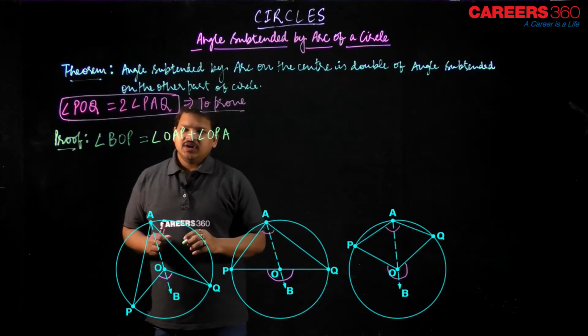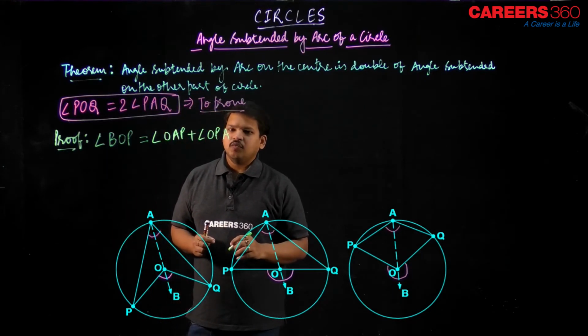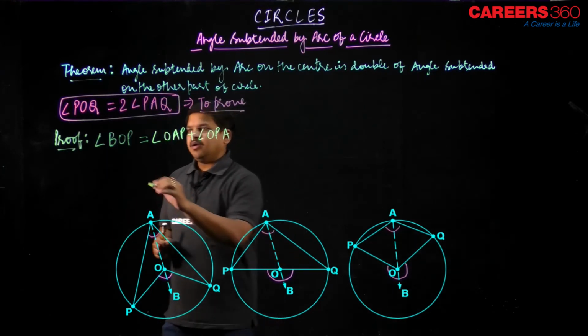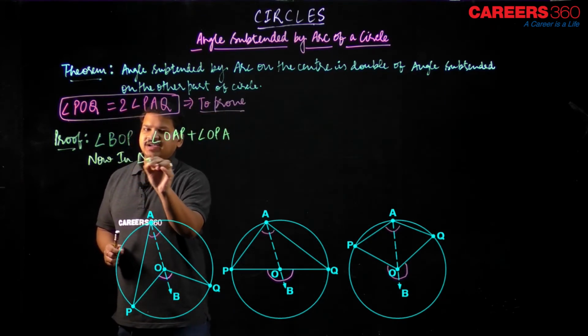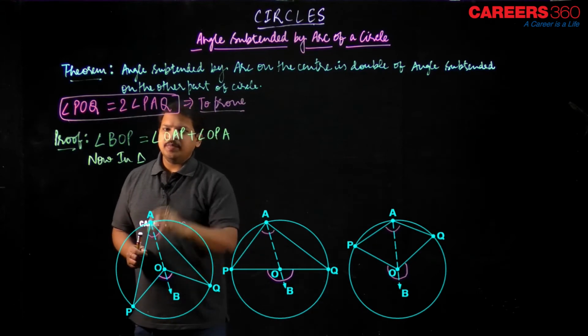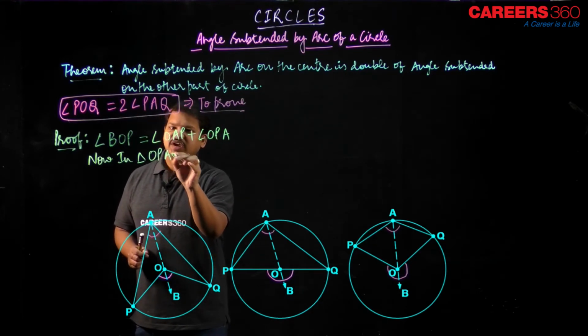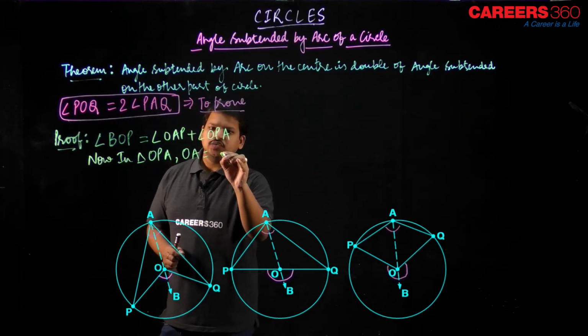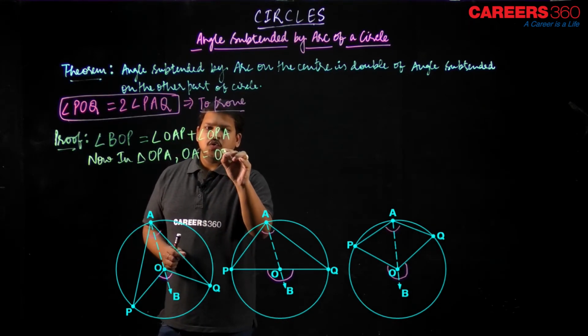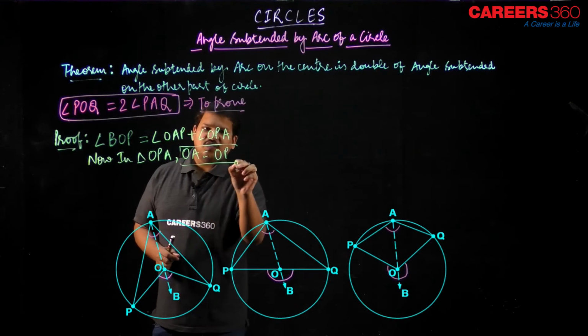Now in triangle OPA, I have OA equal to OP. Why is that?